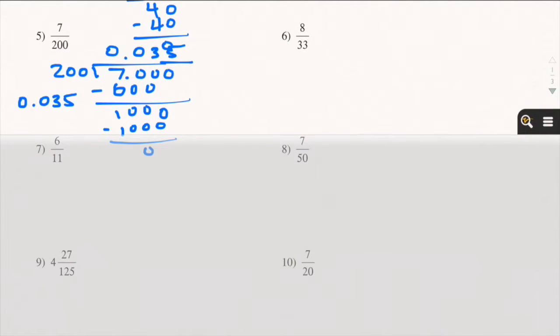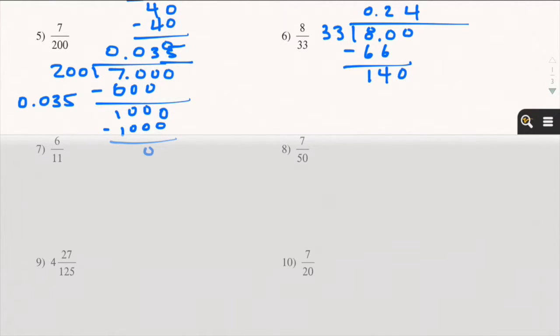Okay, number 6. So let's put the 33 on the outside, put the 8 on the inside. 33 goes into 8 0 times, bring a decimal. 33 goes into 80 2 times. 2 times 33 is 66. We subtract those, we get 14. Bring down another 0. 33 goes into 140 4 times. With that, we get 132.